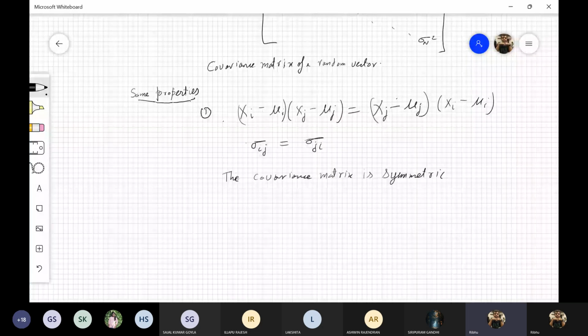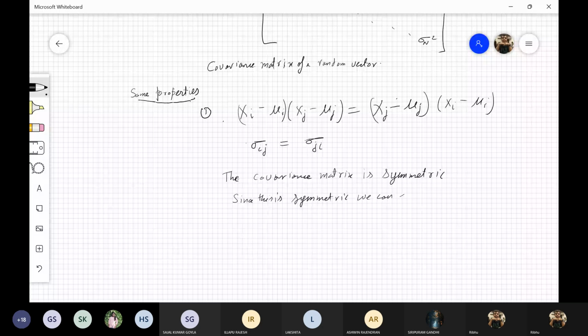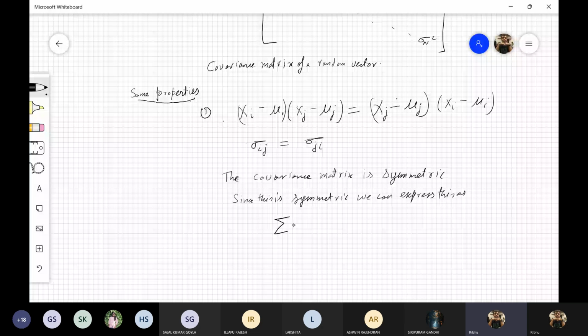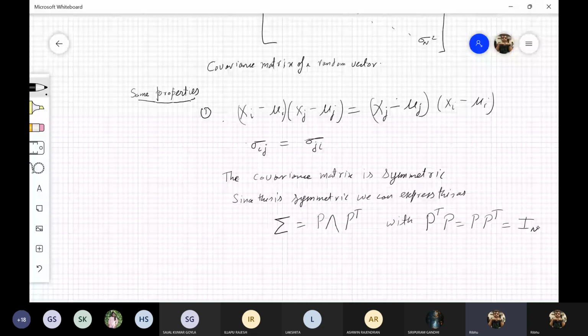Now, since this is symmetric, we can express this as sigma equals P lambda P transpose, with P being an orthogonal matrix, that is P transpose P equals P P transpose equals identity, right?